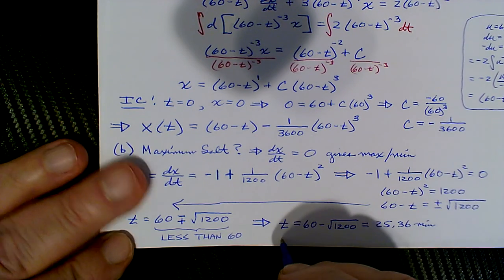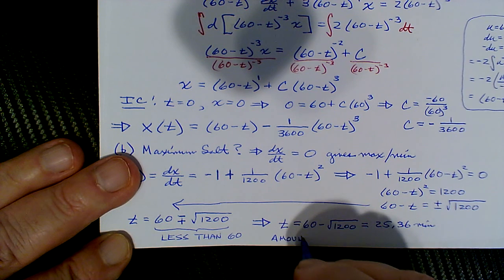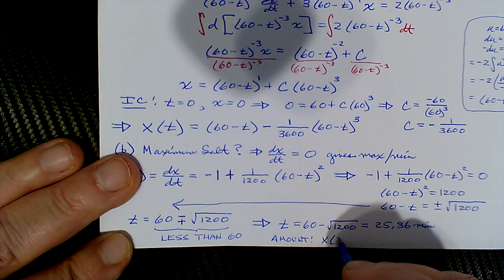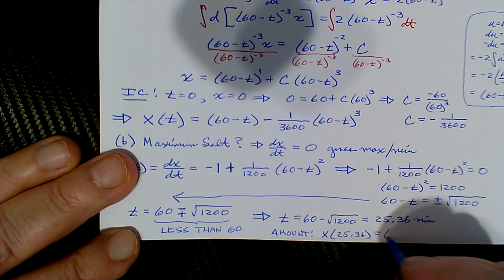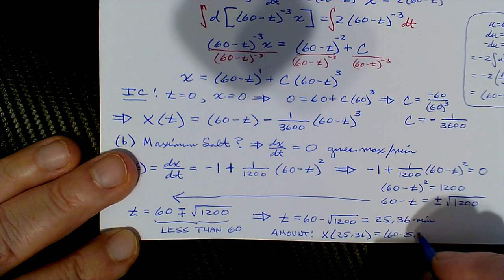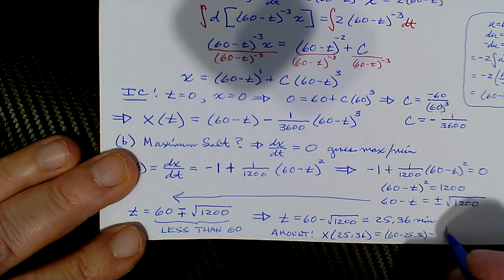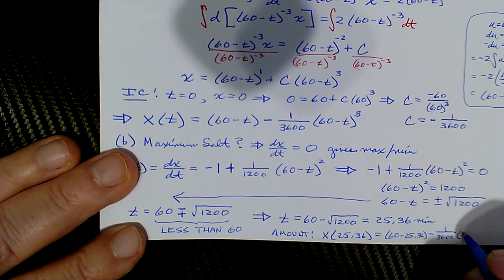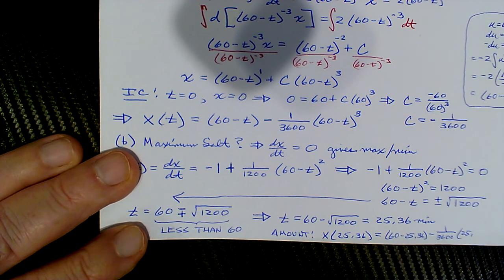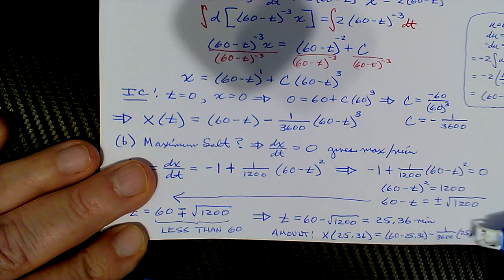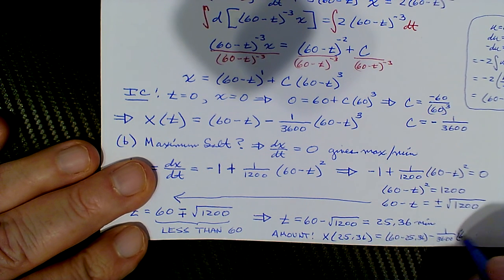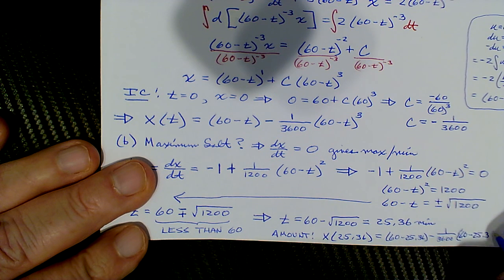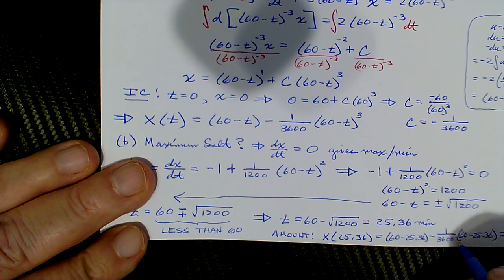Okay, so then the amount is x of 25.36. So plugging in 25.36 into x, that's, what's that, cubed, right?